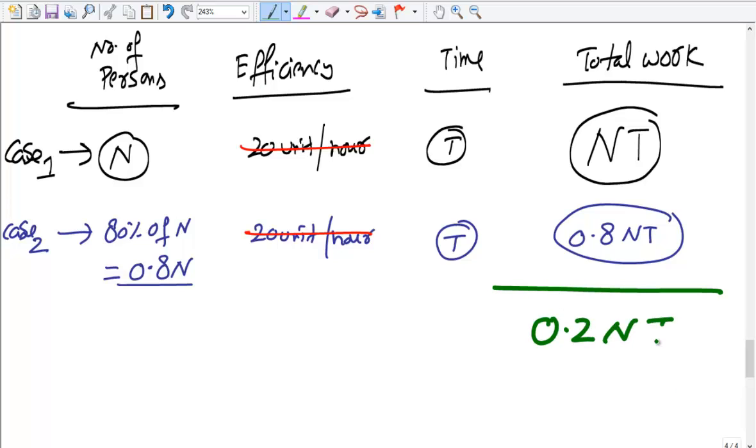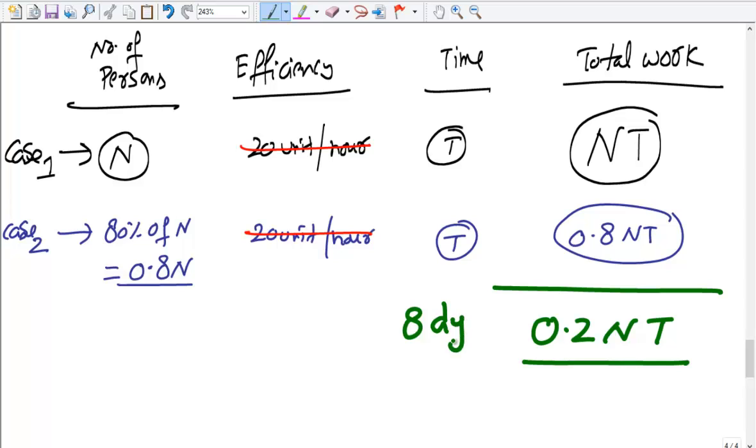that is 0.2 nt. Now that is the work already finished. When the entire crew is present, they finish nt. nt is the total work. 0.2 nt means that is 20% of the work. To finish it, well, it's quite simple.